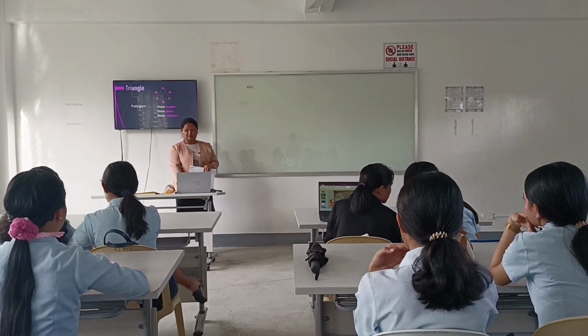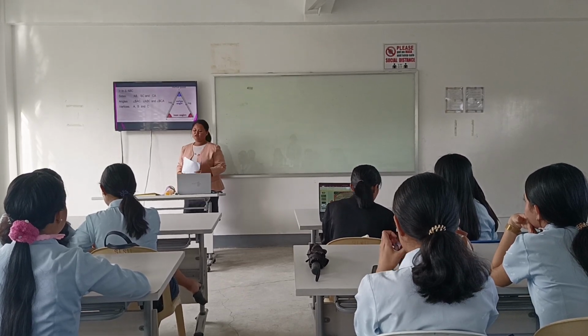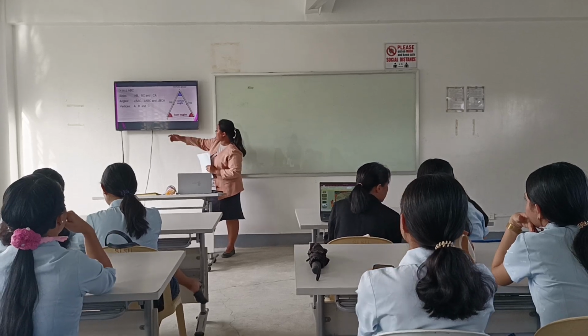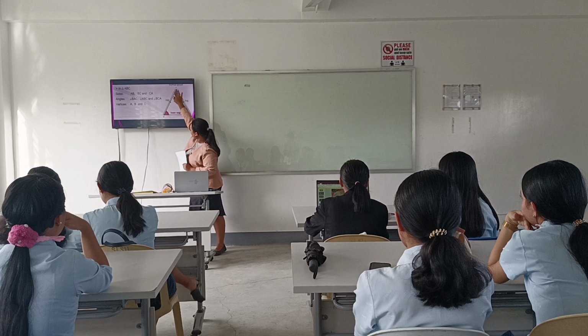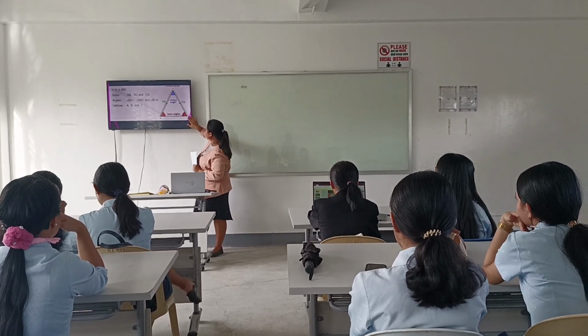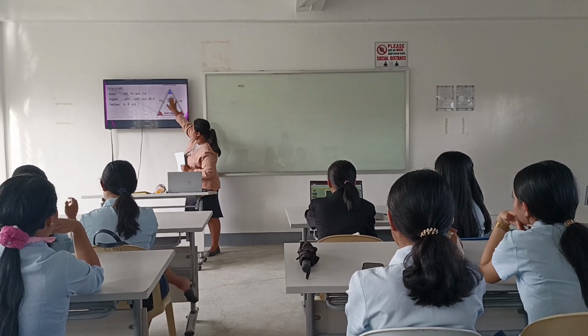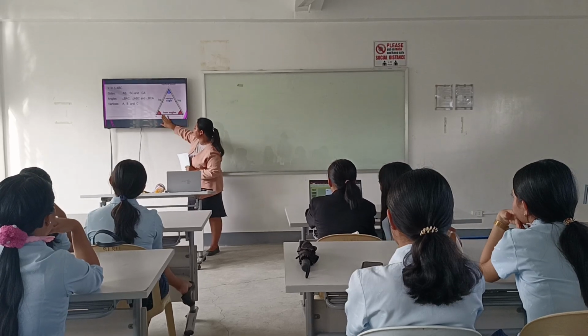So those are the parts of the triangle. For example, in triangle ABC, the sides of this triangle are the side AB, this one, the side BC, and the side CA, or the legs. The legs, and this is the base.